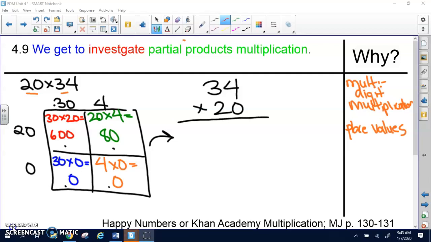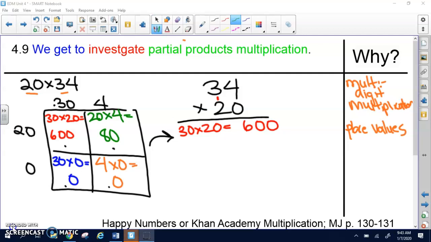You're going to take the exact same steps with this, just without the rectangle. So what this would look like is you're going to be multiplying the 3 and the 2, or the 30 and the 20. And it would look like this. 30 times 20 equals 600.